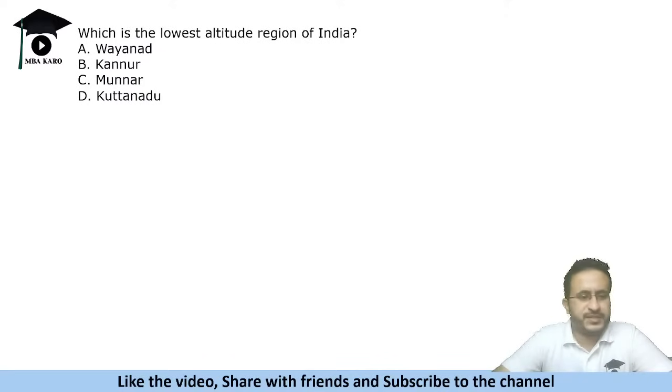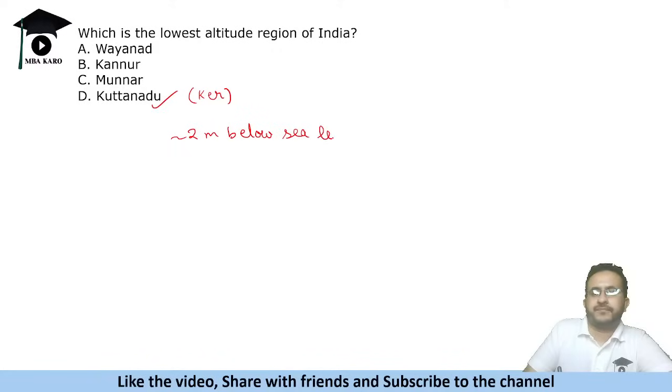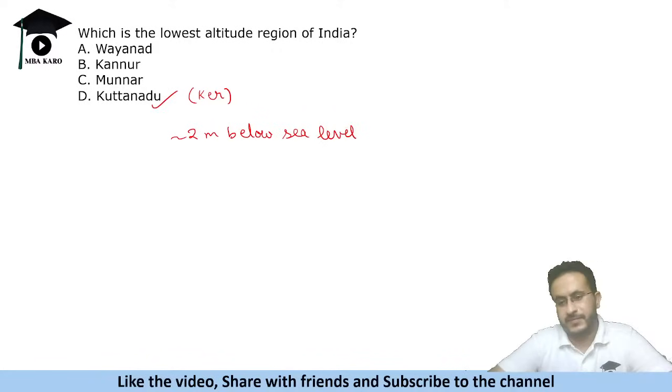Okay, so this will be something new for you. Kuttanadu is a place in Kerala which is around 2 meters below sea level. So that is the lowest altitude region of India.